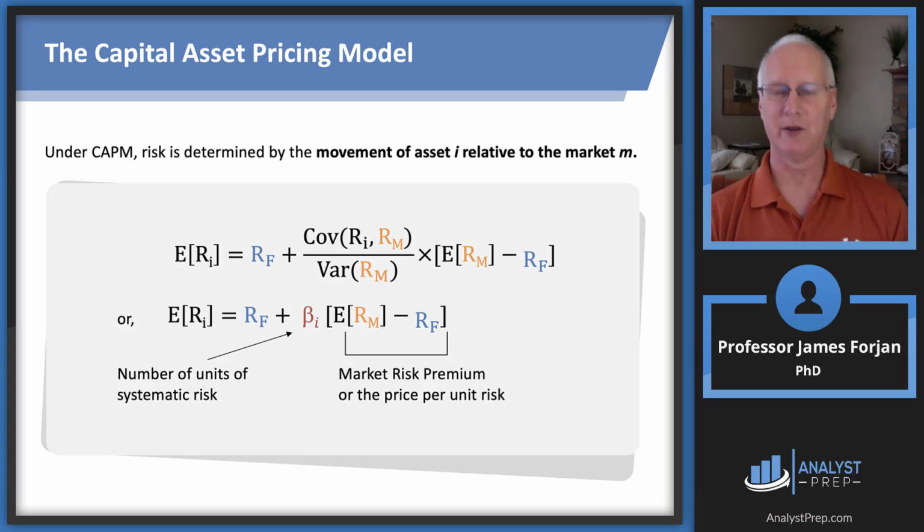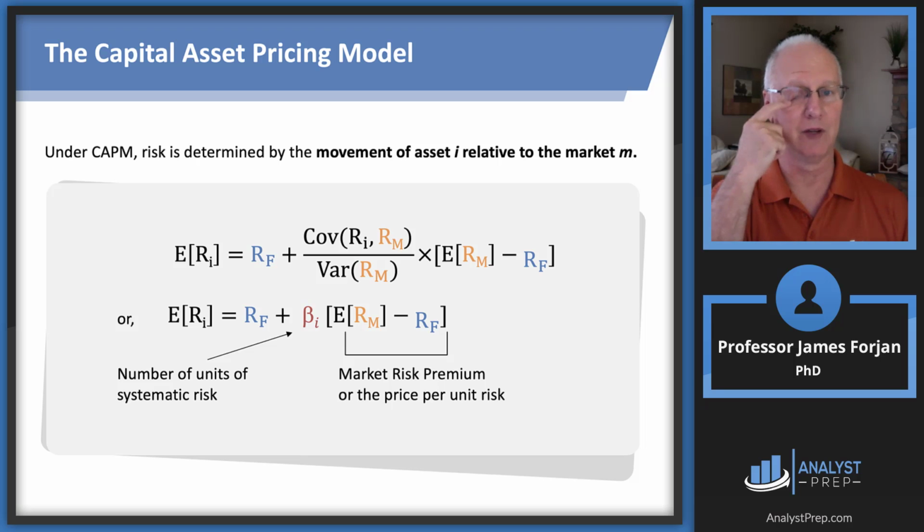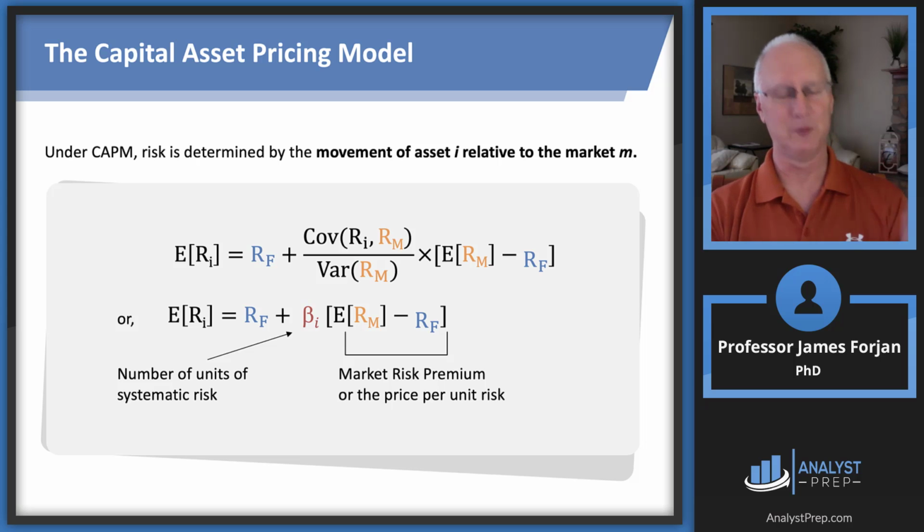I tell my students to think of it this way. If you want a high risk stock, if you want lots of systematic risk, you're going to invest in a high risk stock, let's say a beta of 2. Now I'm going to pause here and say, don't tell your finance professors I said this, because this is not exactly mathematically and statistically true, but it illustrates the point.